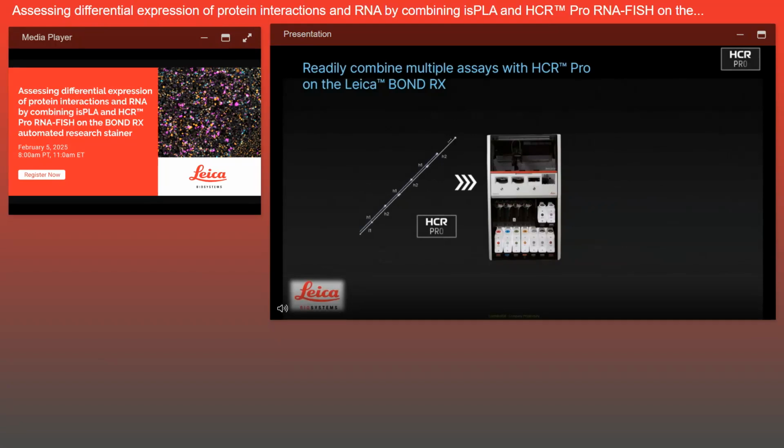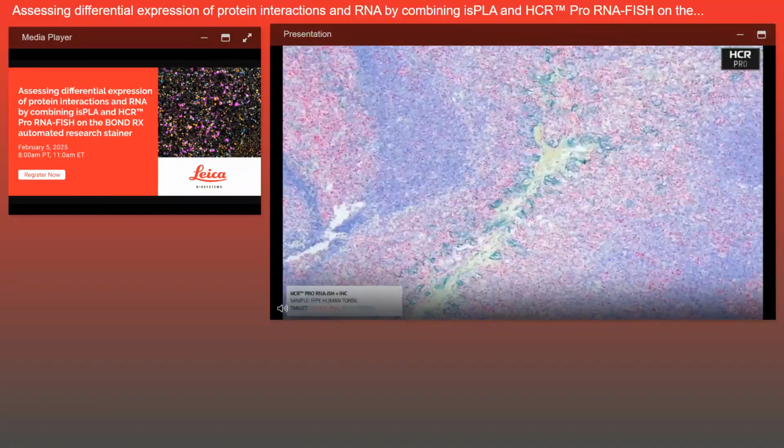So as mentioned before, the HCR Pro platform can be combined seamlessly with not only DaVinci's products, but also just any other third-party IHC or IF assay that you may already be using. This is an example of that co-detection.